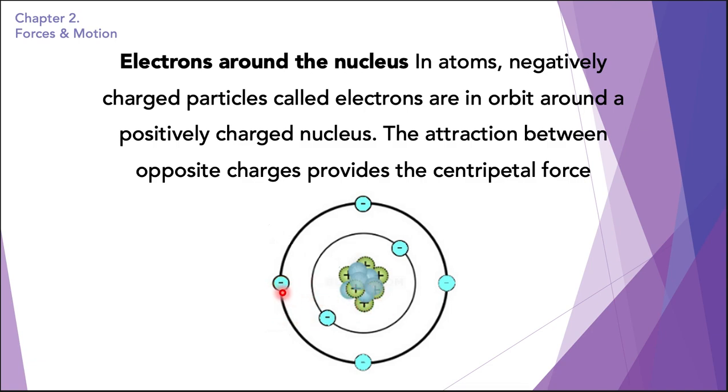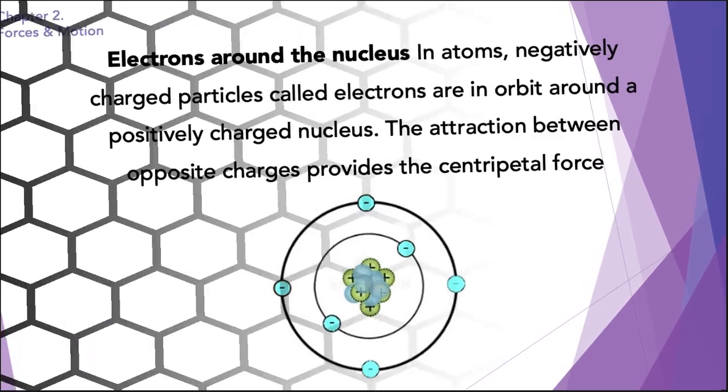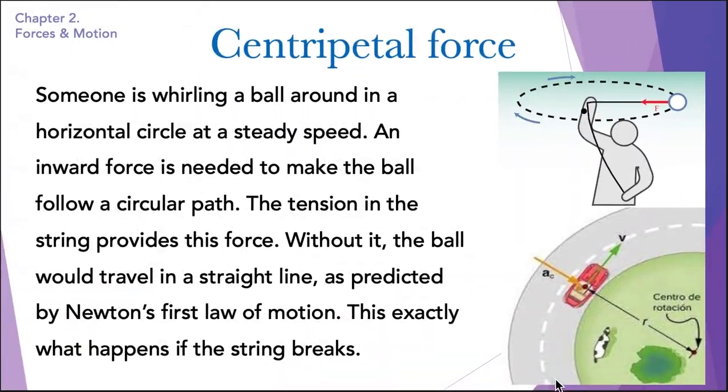So because negative gets attracted to positive, that is the reason for the centripetal force in atoms. Examples of centripetal force also include when a car is turning a corner, say for example. It also has a centripetal force in the center of the circular motion.